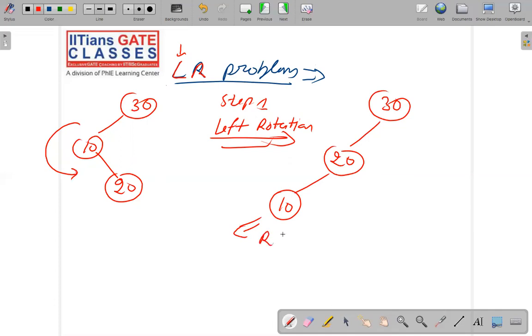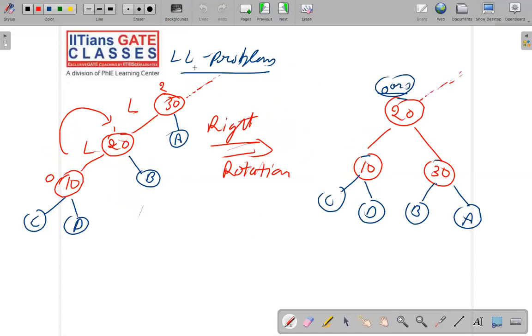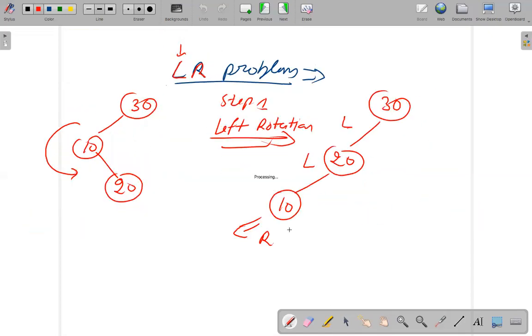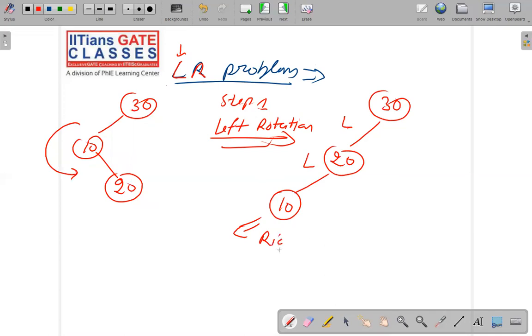Once we have done the left rotation, we will do right rotation. Now you can see it's an LL problem, right? It is the same as the earlier LL problem. So we will do right rotation. In right rotation, 20 becomes the hinge, and we rotate on this.